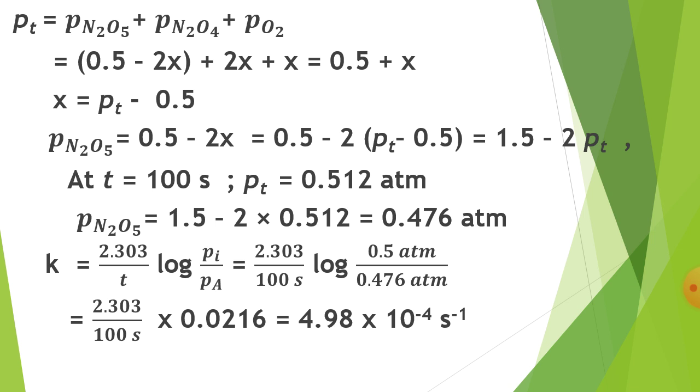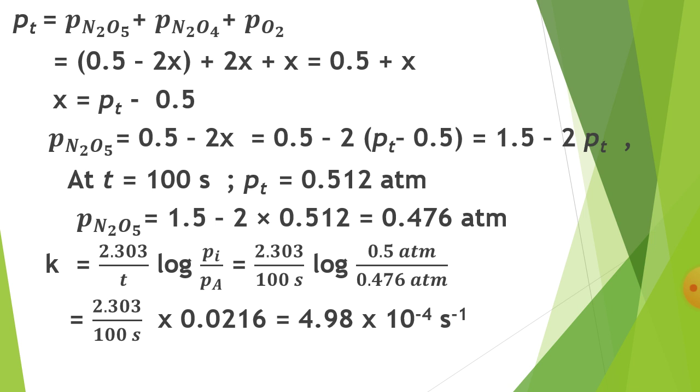So we can find the x here: x equals Pt minus 0.5. Now P of N2O5, that is the final pressure at time t, equals 0.5 minus 2x. Now putting the value of x, we get 0.5 minus 2 times (Pt minus 0.5). This gives 1.5 minus 2Pt.